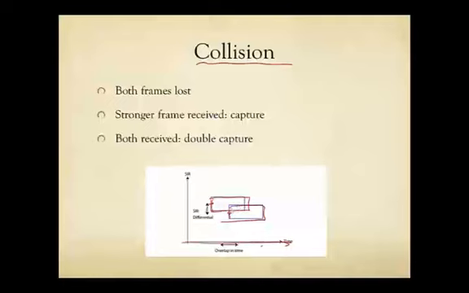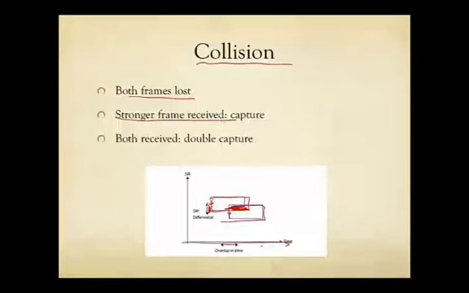So if there's sufficient overlap and yet not sufficient SIR differential, then the receiver is confused. And it will say, I can't understand what you're talking about, and both frames are lost. That's one possible scenario out of a collision. Another one is that the stronger frame prevails.